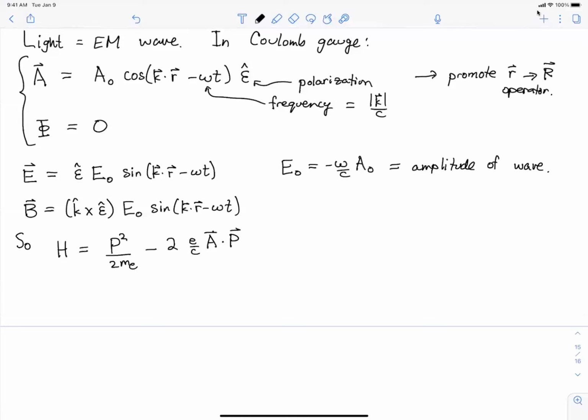And then this is also divided by twice the mass of the electron. And then there's 1 over twice the mass of the electron, e squared times A squared. And then there was the term involving the electric potential. And then there was the term involving the spin.